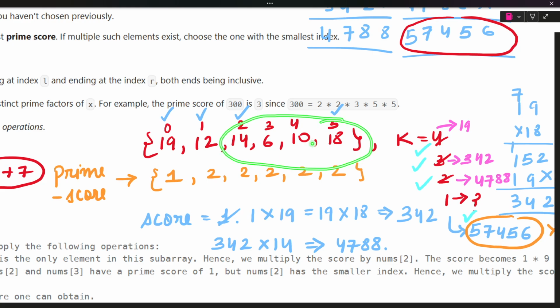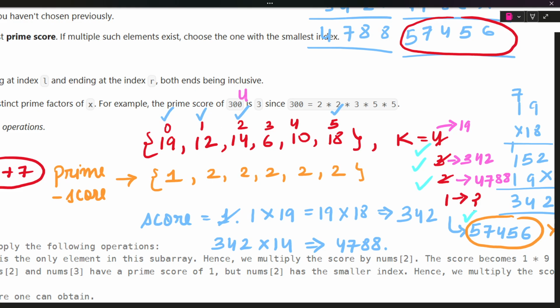In these cases, we could have chosen the 14 again because they have the same prime score and the 14 has the lesser index. Okay, so what I'm trying to say here is that you could have chosen 14 one, like 1, 2, 3, 4 times.